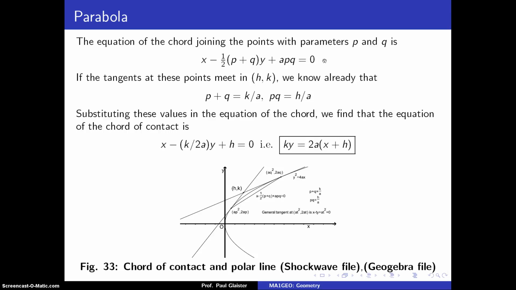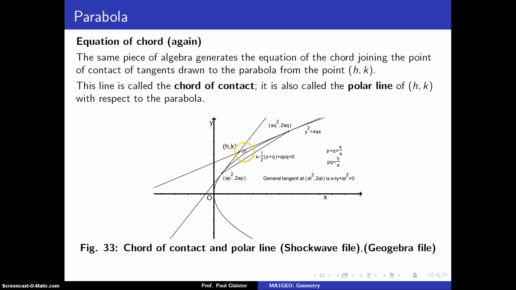However, we know that the point HK, as shown, has coordinates given by (APQ, A into P plus Q). We've just shown that.